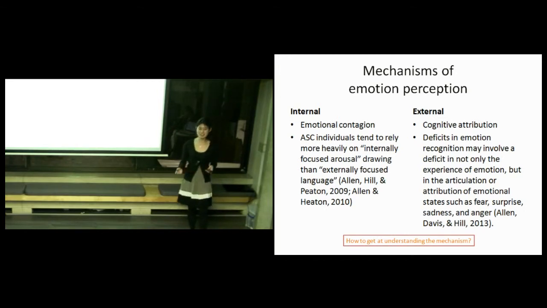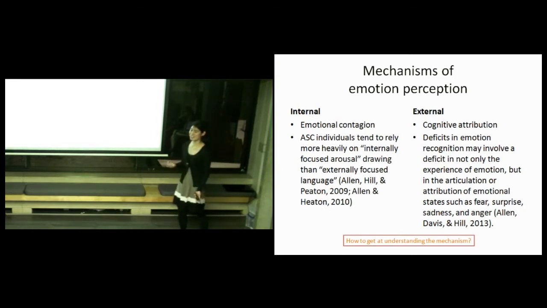An internally focused perception of emotion is when you connect through stimulation with someone through, for example, what's called emotional contagion. And so you just kind of experience what the person might be experiencing. But then there's another kind of perception that occurs when you think about it more cognitively and you label, for example, what you feel with a cognitive label like fear, sadness, happiness.